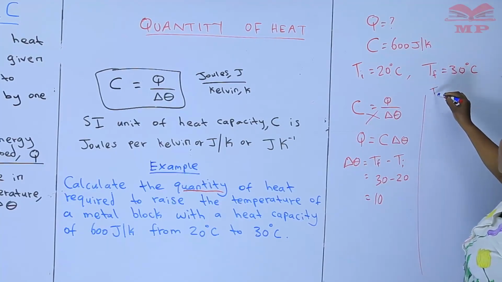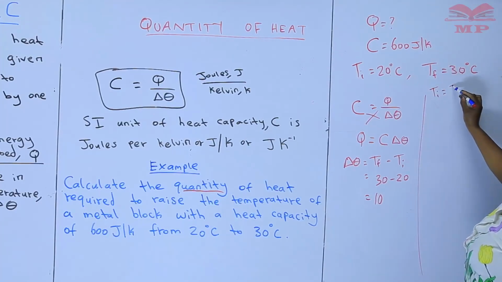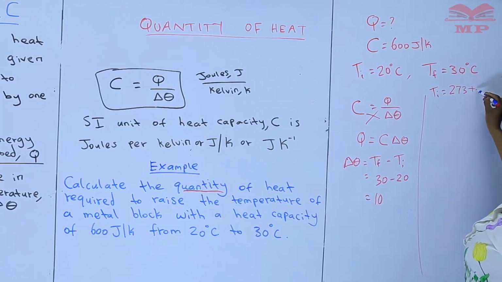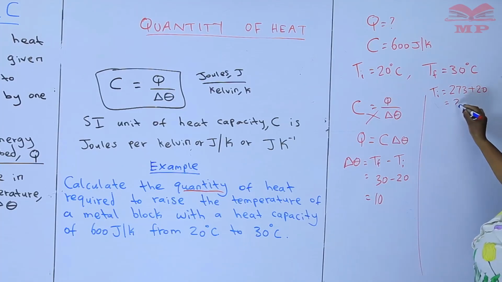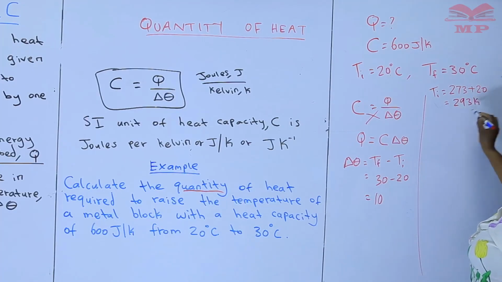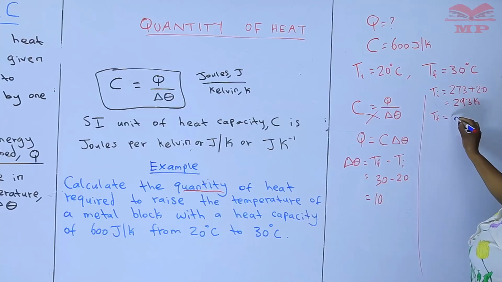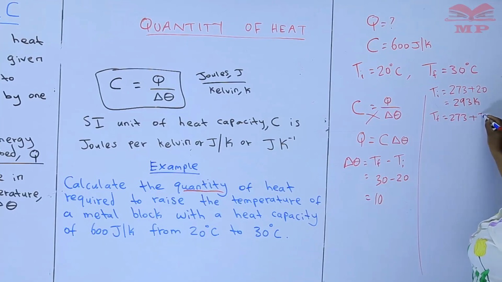the same, because our initial temperature will be 273 plus 20, because we add 273 to get in Kelvin, which is 293 Kelvin. Then the final temperature will be 273 plus 30, which will be 303 Kelvin.